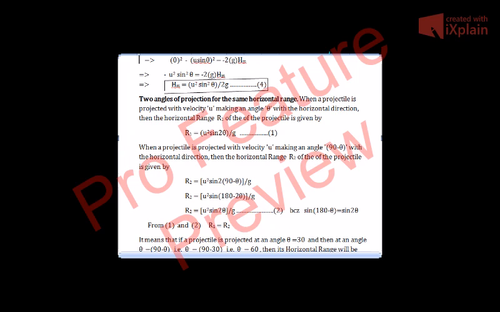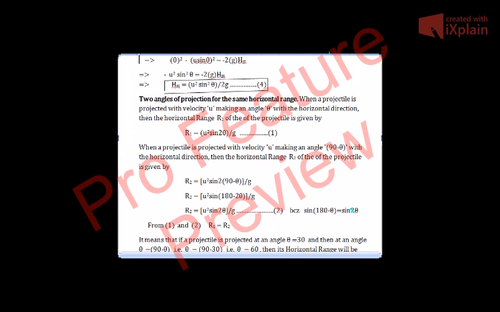So we get sine 180 minus 2 theta by g, which implies R2 will be equal to u square sine 2 theta by g, because sine 180 minus theta is equal to sine theta. So sine 180 minus 2 theta will be equal to sine 2 theta.